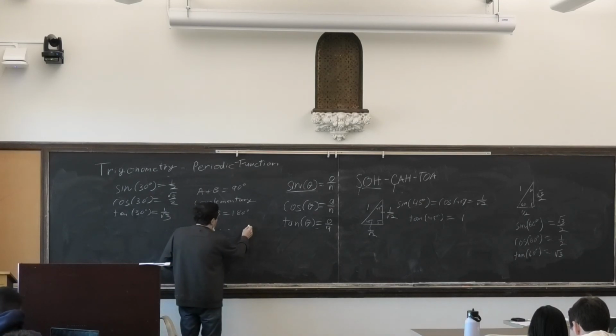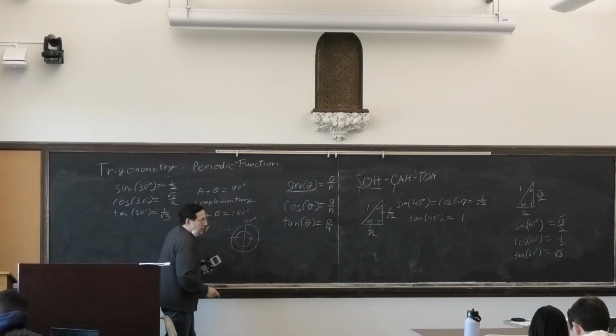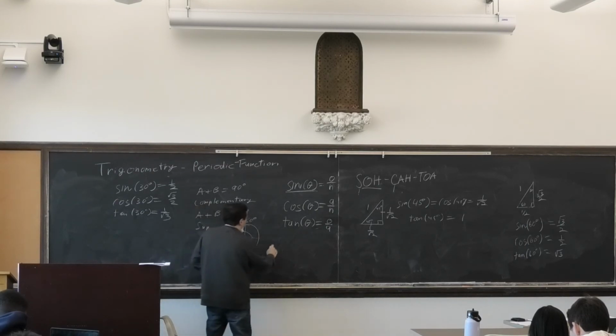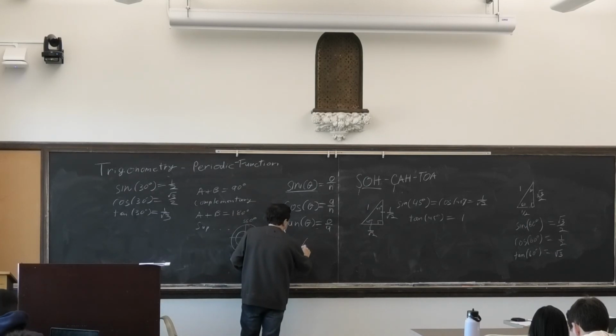I didn't discuss this, but I assume everyone knows that a circle has 360 degrees. You go all the way around. Half of the circle is 180 degrees. And of course, half that is a right angle. Perpendicular is 90 degrees.